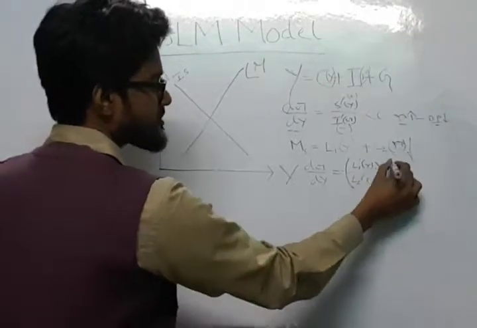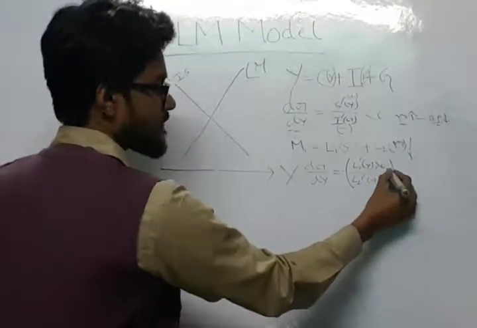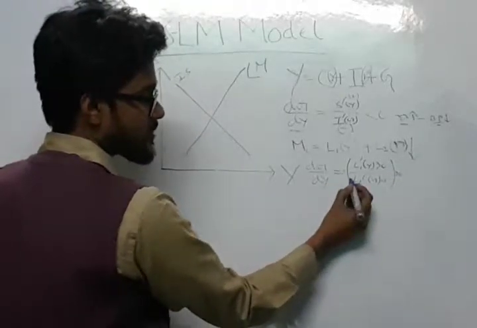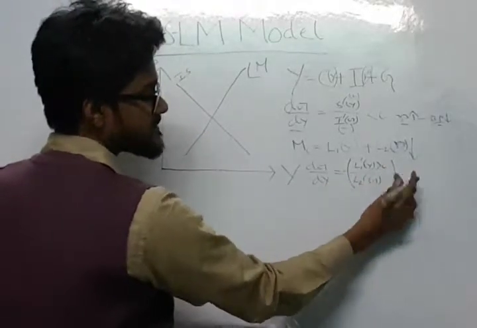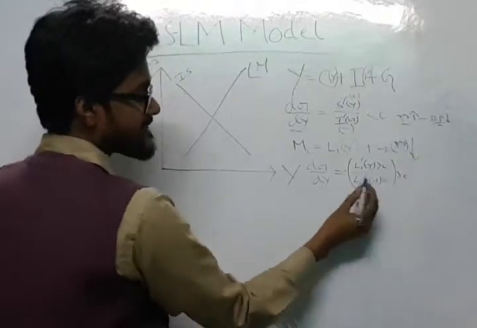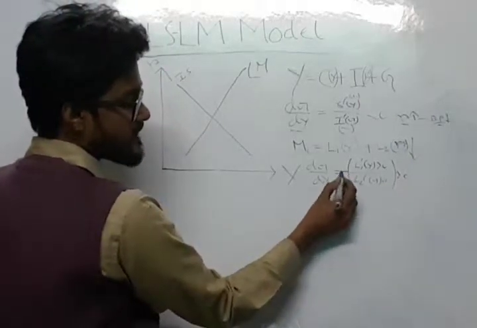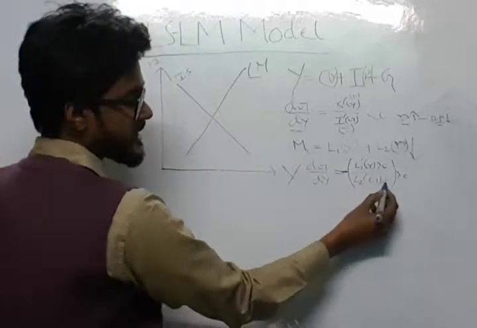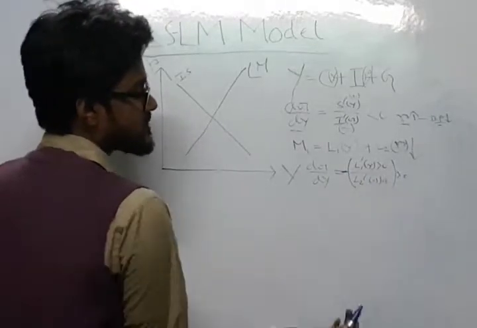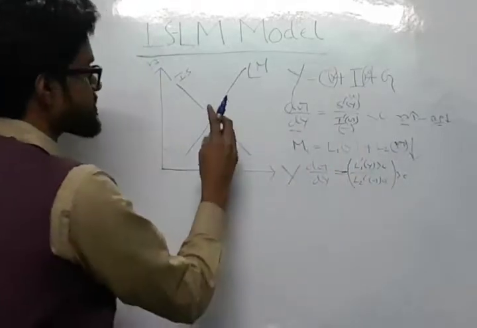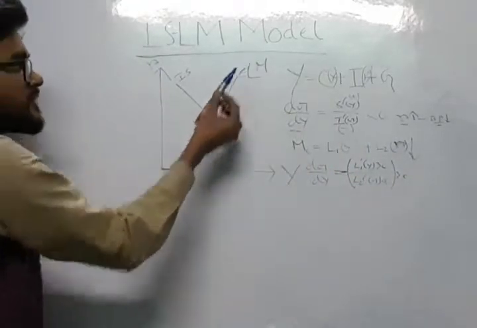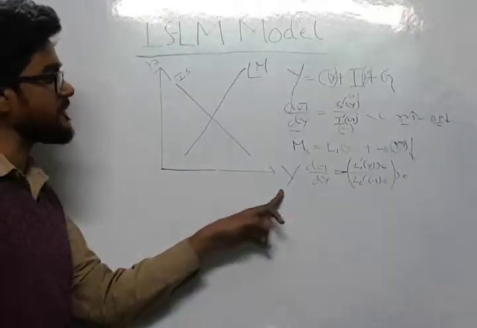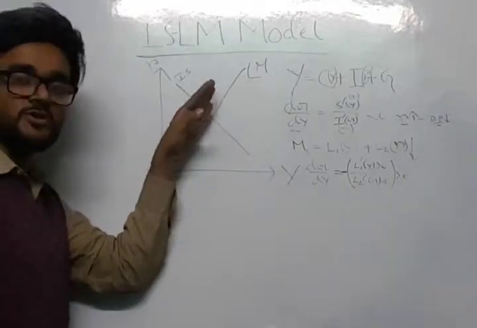But as there is a negative sign here, and the relationship is negative, negative becomes positive. So the entire term becomes positive, and we get the LM curve to be a positively sloped curve, stating the relationship between Y and R is always positive.